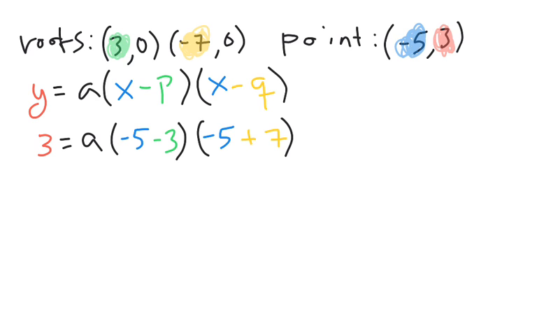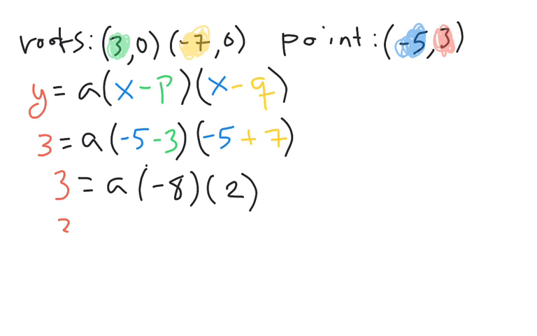Okay, so this is one of my favorite ones to do just because I feel like the answers end up being a little bit easier to compute. 3 equals A, and now I'm going to do quick multiplication. -5 minus 3 is going to give me -8. -5 plus 7 is going to give us +2. I'm going to multiply those.